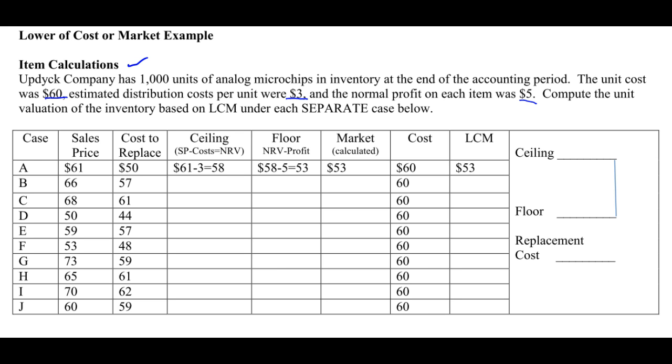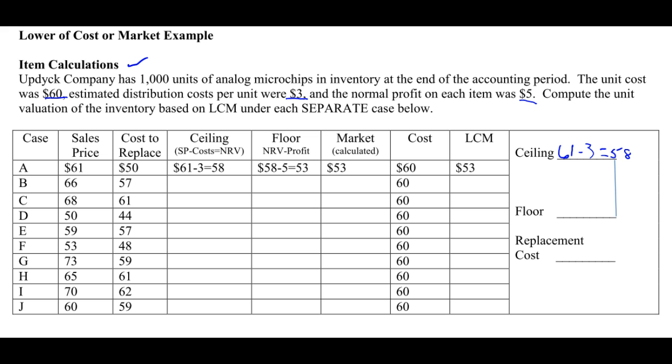Once you know these numbers, you can calculate what replacement cost is and then do a lower of cost or market calculation. We'll do number A first, and I've done that one for you, but let's talk our way through it. Our sales price is $61, and our sales price is used to help calculate the ceiling. The ceiling is sales price minus normal distribution costs of $3. So our ceiling is going to be $58.